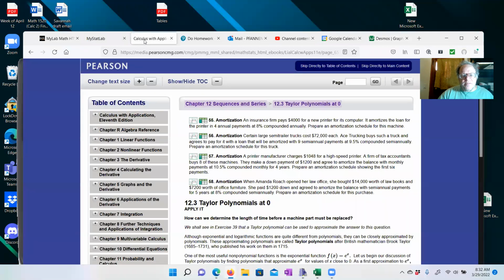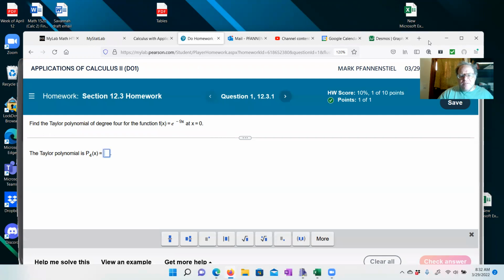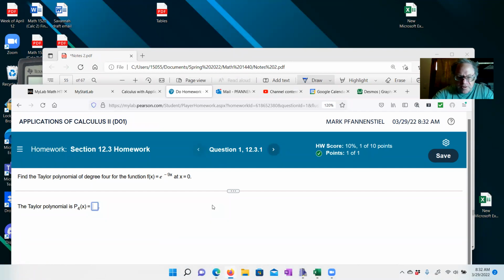All right, so what we have written down for our Taylor polynomial here is 1 minus 9x plus 81 over 2 x squared plus, what was it, 729 over 3 factorial, that would be 6, and it was x cubed.